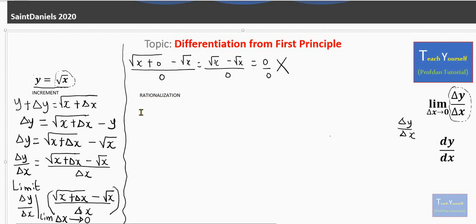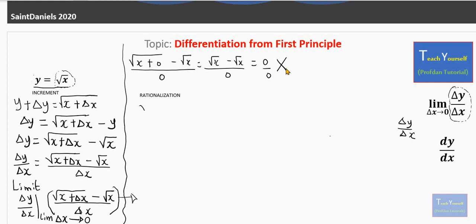And to do that, in the numerator, let's look at this. In the numerator, we have root of x plus increment in x minus root of x, and in the denominator we have increment in x. So the concept of rationalization here, we are going to rationalize the numerator.